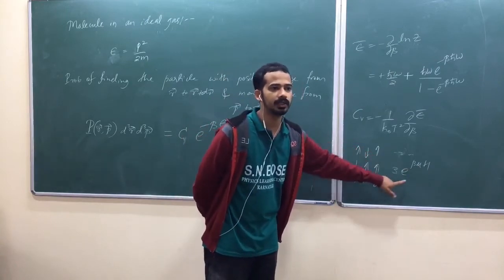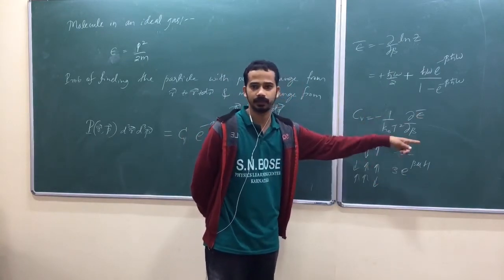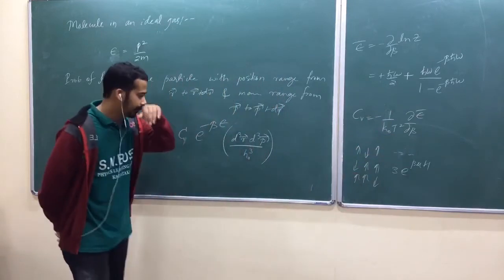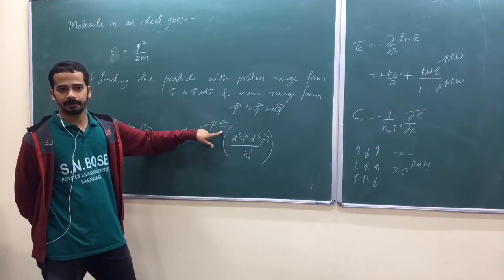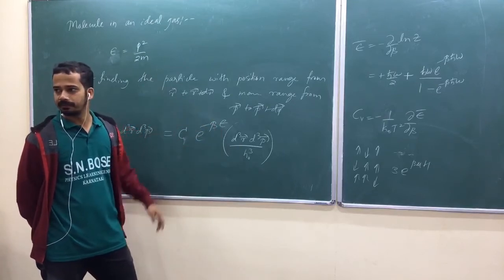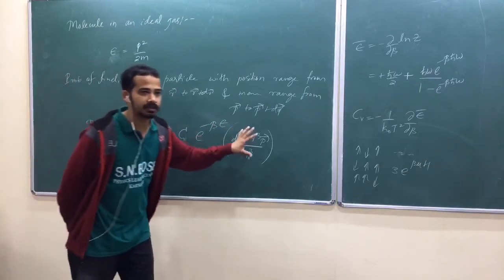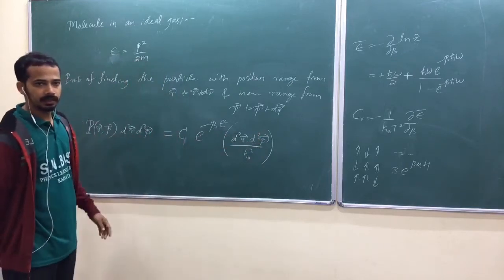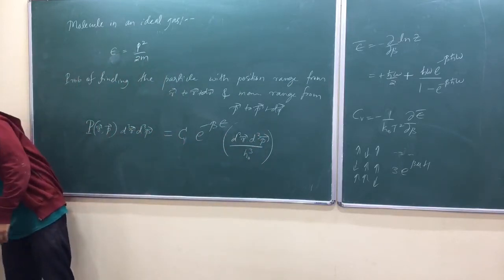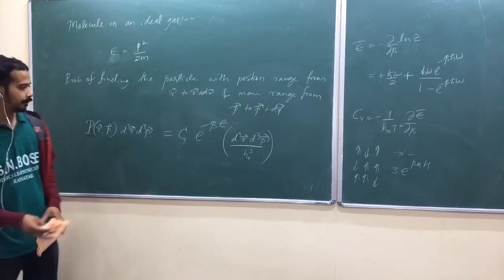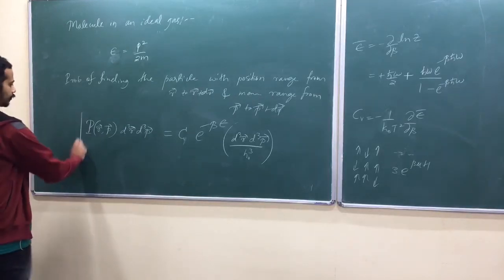That's why I have written 3 into this one while doing the partition function. Am I right? So in the same way, I got these many phase cells corresponding to the same energy in the continuous manner. So that's why this factor is very much needed, or you can argue in a different way. Yeah, just read out the book. Is that okay? Now this is our probability distribution.